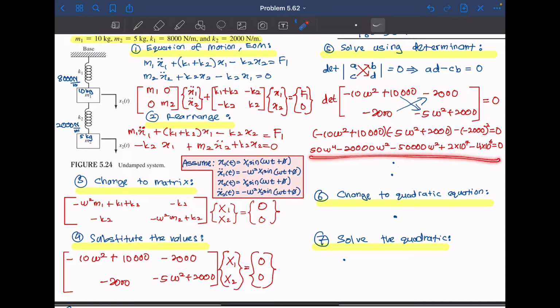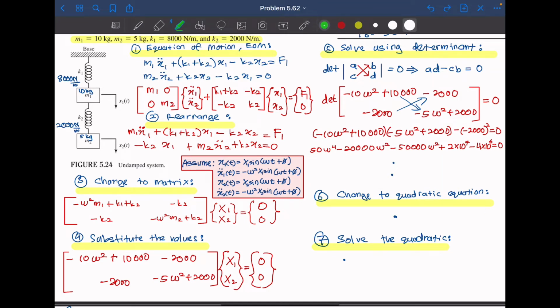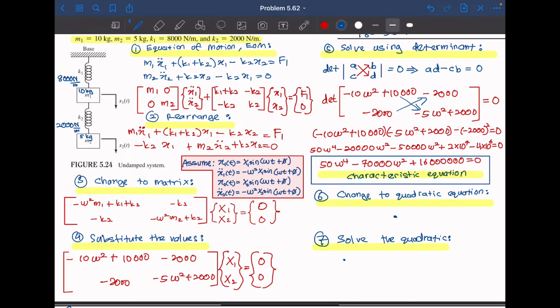Further solving, you'll get your answer to be 50 omega to the power of 4 minus 70,000 omega square plus 16 million equals 0. It's okay if you want to put it in terms of exponent, times 10 to the power of 1 also can, doesn't matter. Once you solve, you obviously get omega to the power of 4.